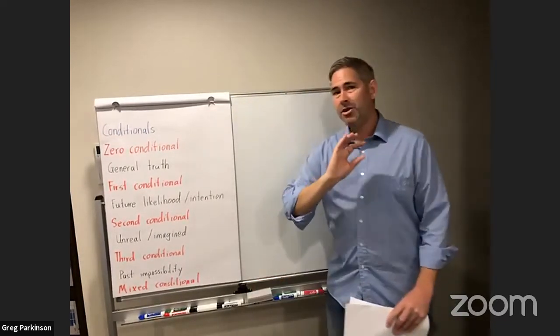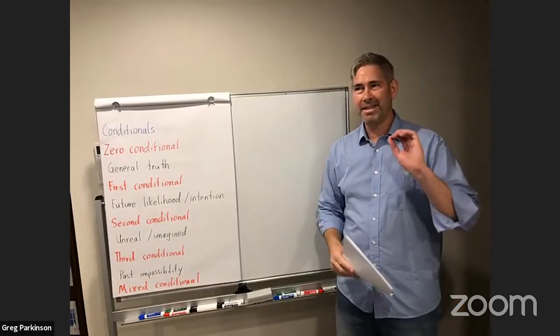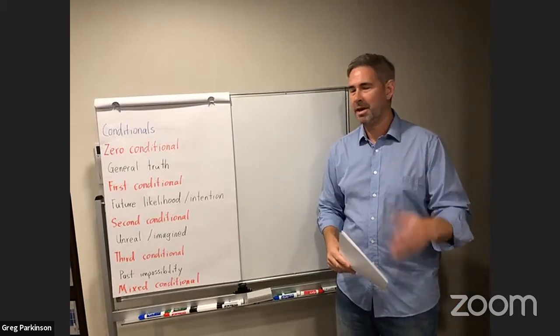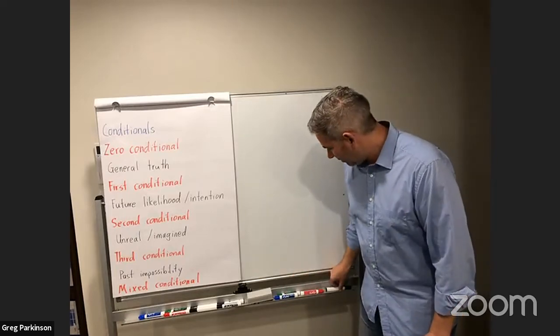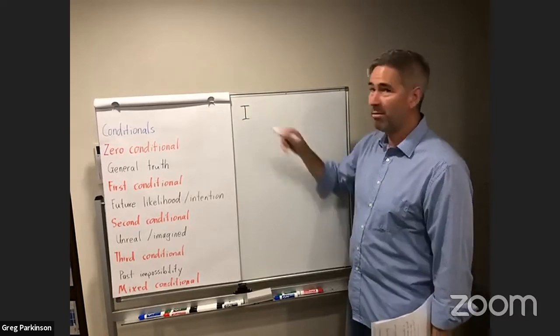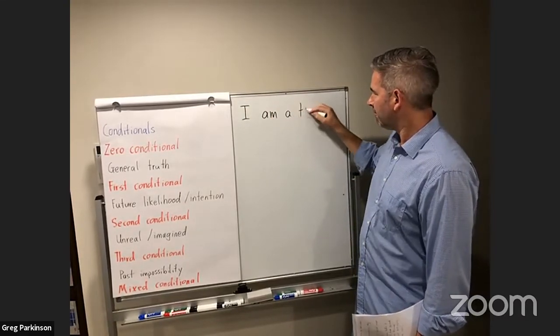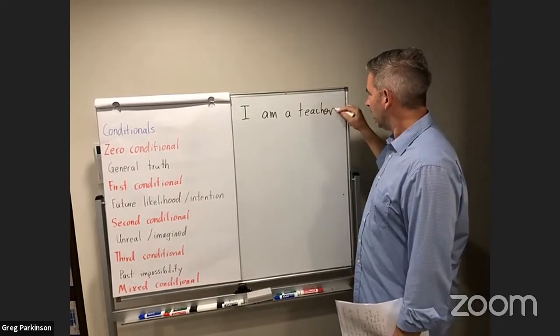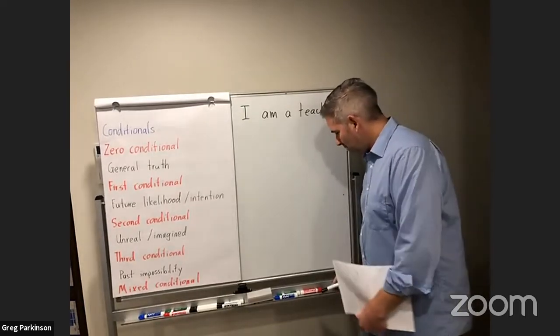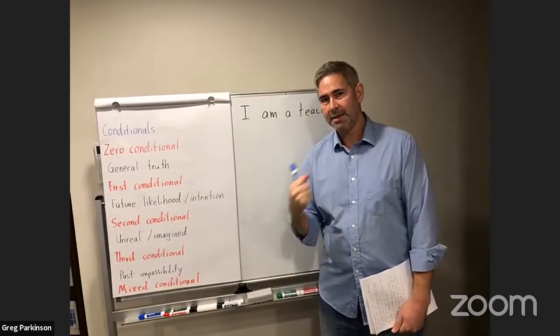As we go through each one, I'm going to give you a chance at home to see if you can identify the form. Now, if you don't know what I mean by the form, I'll give you an example, or the same example again. So this form is the present tense be verb, right?